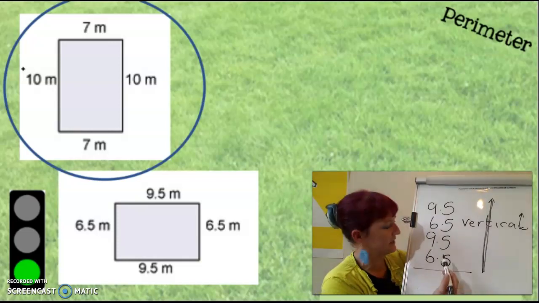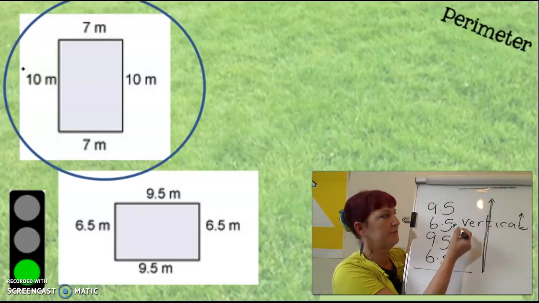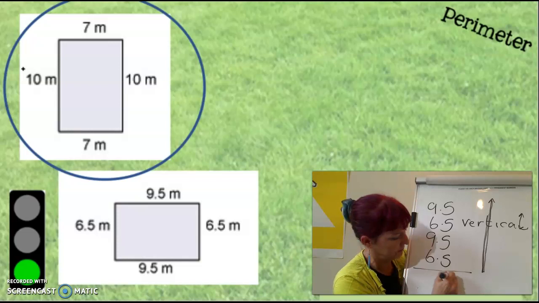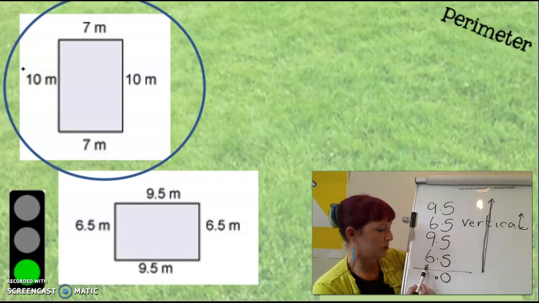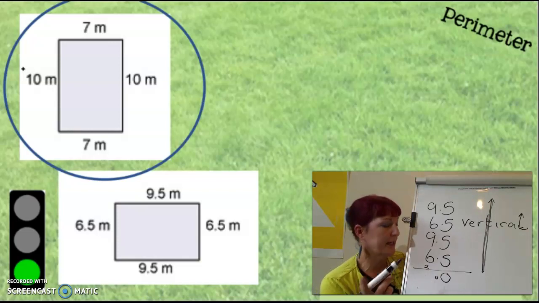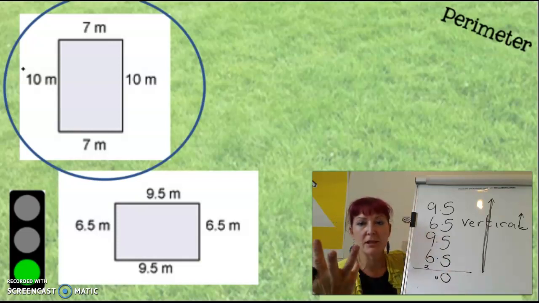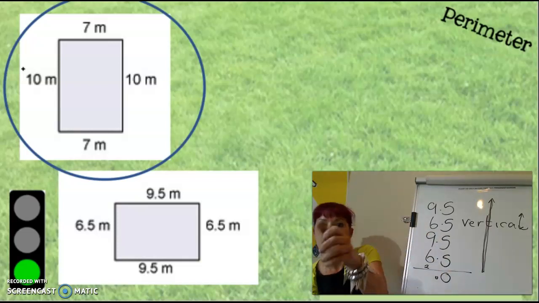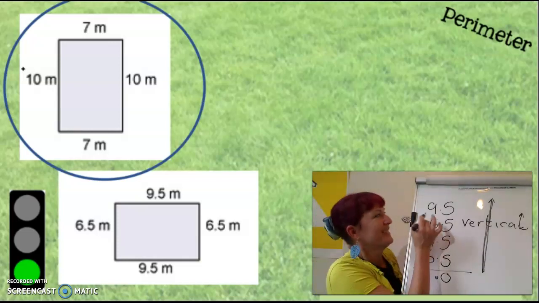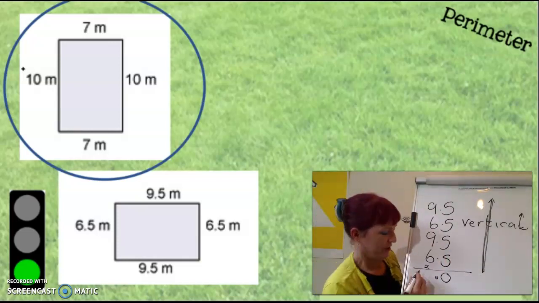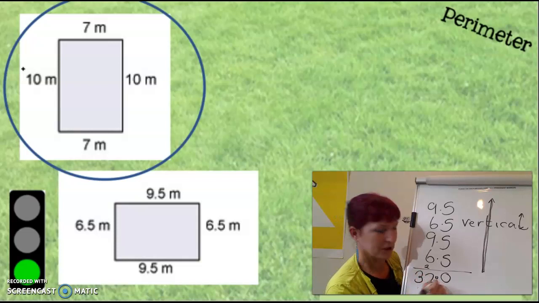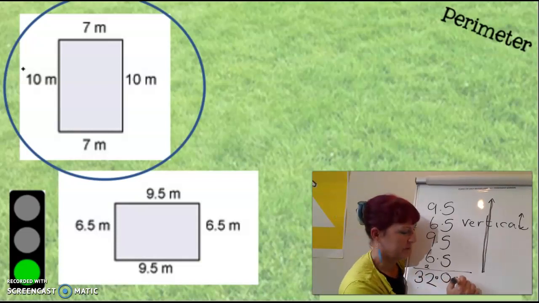Right, let's get adding. 5 plus 5, 10, 15, 20. So 0 here, carry my little 2, drop my decimal point down. 2 plus 6, 8, 8 plus 9, 17, 17 plus 6, 18, 19, 20, 21, 22, 23. Right, so I'm at 23. 23 plus 9, 32. 32 meters.